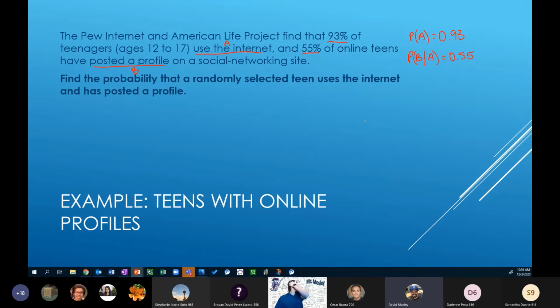Okay. So again, now we want to answer the question. Find the probability that a randomly selected teen uses the internet and has posted a profile.